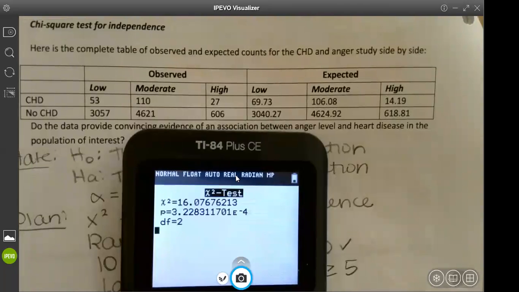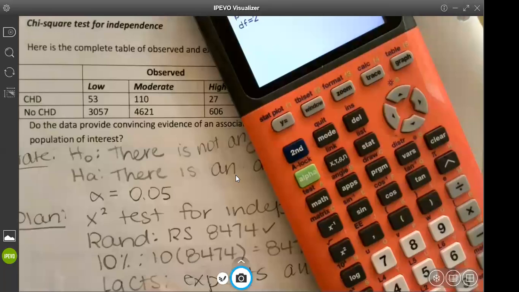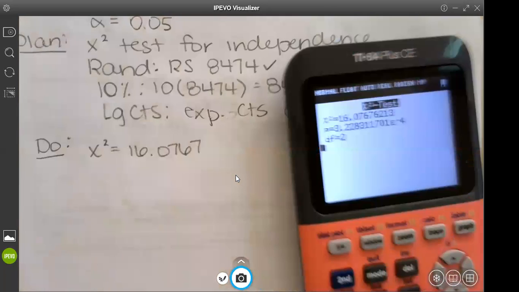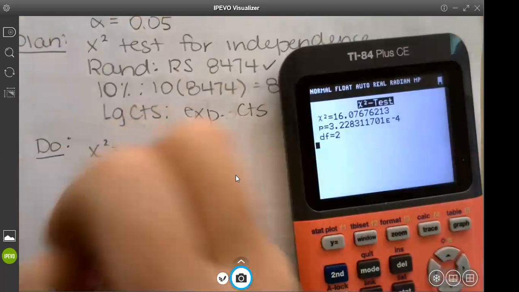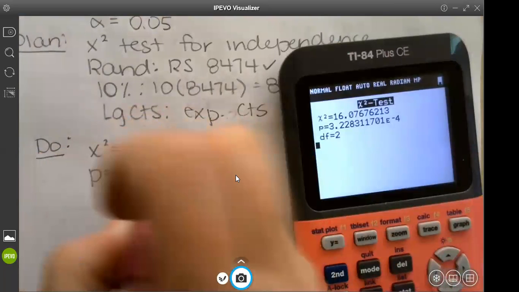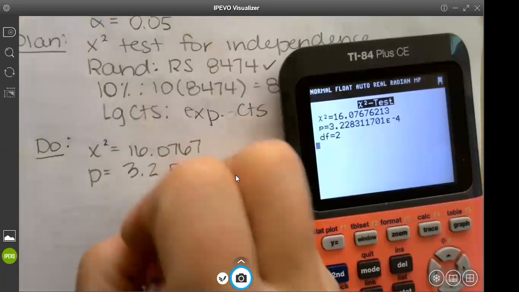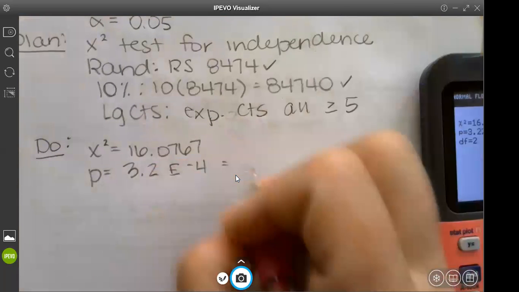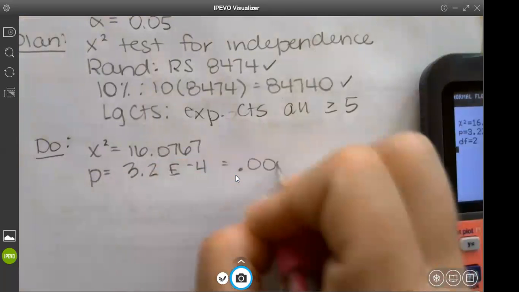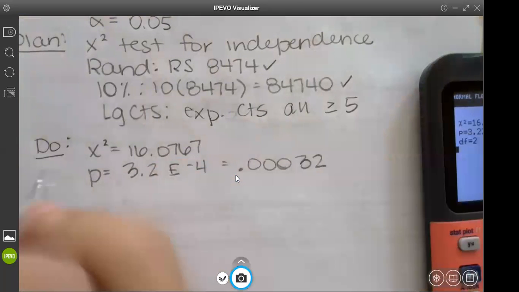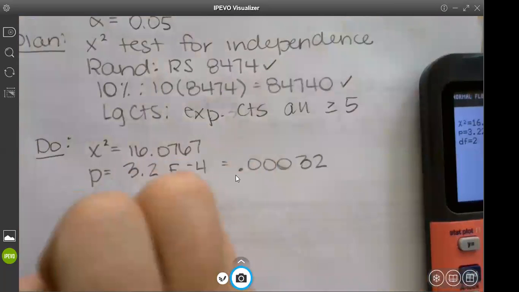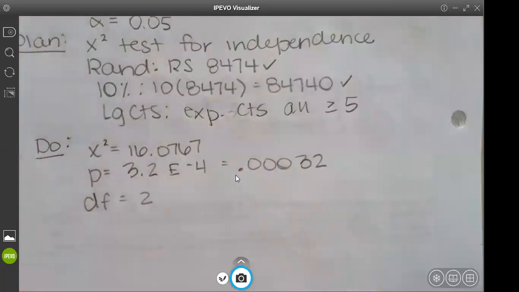And we get those 3 values, put those down on paper, 16.0767. You don't have to round if you don't want to, that's fine. Sorry, I can't see what I'm writing. Be careful with this. It's e to the -4. So that means 3 zeros in front of it. And then your degrees of freedom are 2. Again, write it all down.